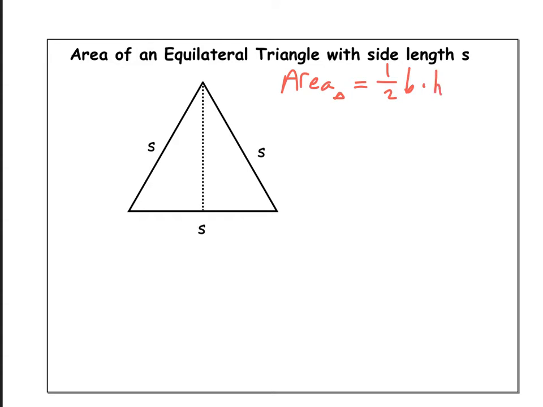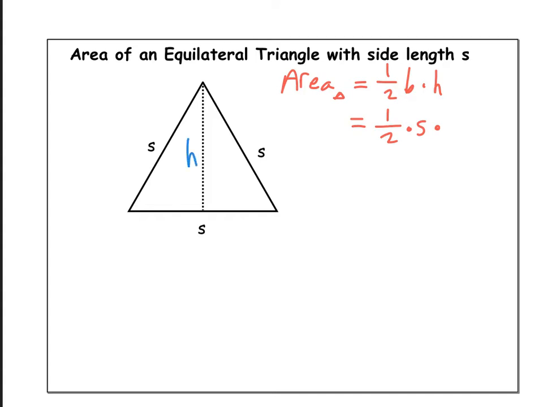They're telling us the length of the side is S. It could be anything as long as all three sides are the same. So we have 1/2 times whatever the side length is. Now the issue is this h, this height of the triangle, is this piece.